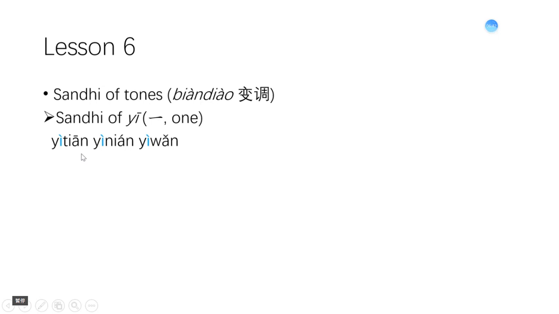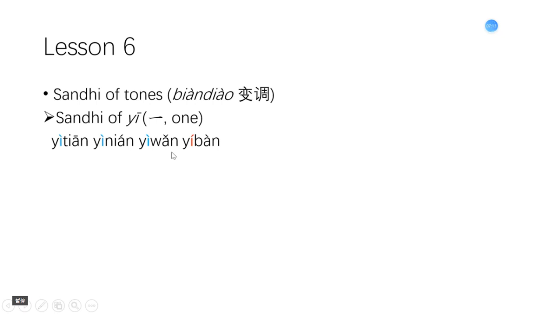So this is the first part of the Sandhi of 一. If 一 is put before a first tone, second tone, and third tone syllable, the original tone of 一 is changed to a fourth tone syllable. And the second part of the Sandhi of 一: if 一 is put before a fourth tone syllable, the tone of 一 is changed into second tone.